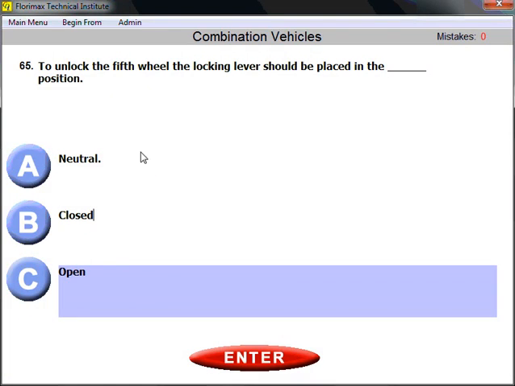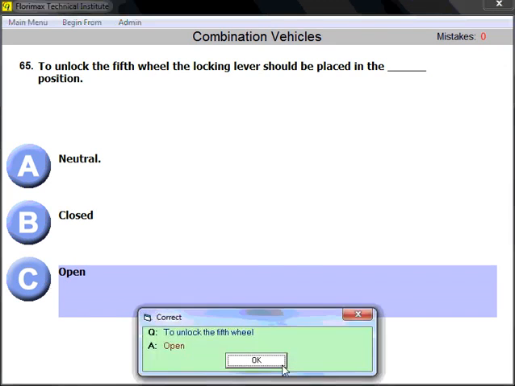The answer is obvious. Open position. You need to unlock the fifth wheel. You need to unlock the connection. You need to open the connection. That's why, when you need to unlock, the locking lever should be placed in the open position.